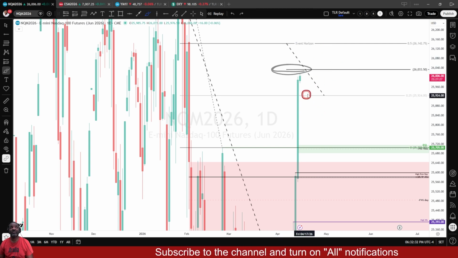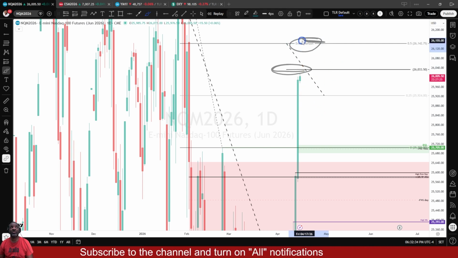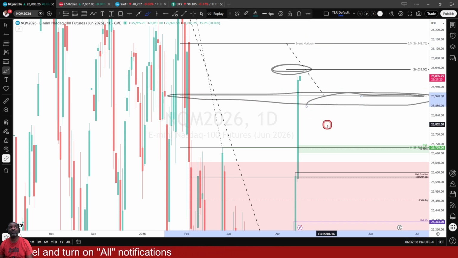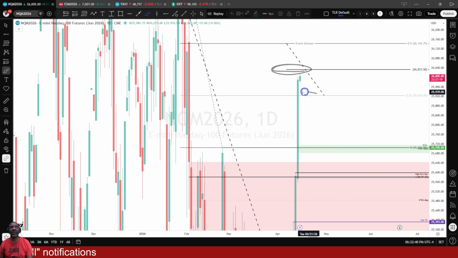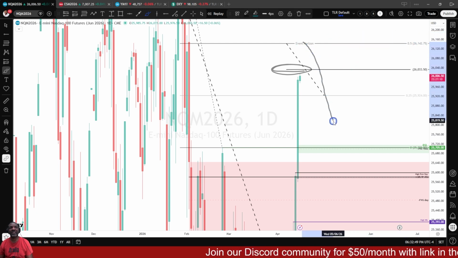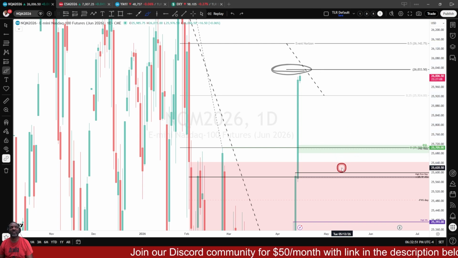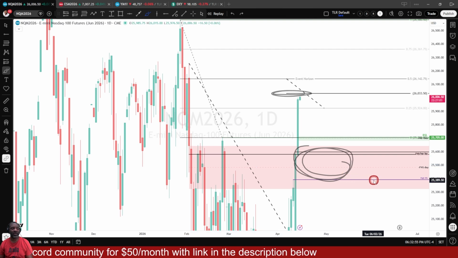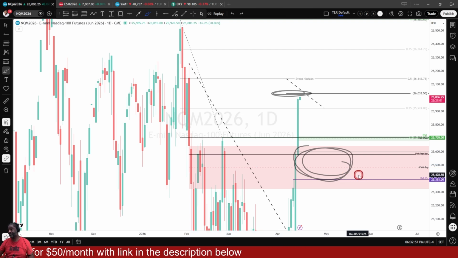But since we are anticipating it to draw into event horizon because we've had a strong closure above the lower quadrant, this is a very bullish signature, so you want to see it draw into that 26,142.75 before making any meaningful retracement back down into our anticipated areas of support. Let him cook! I said let him cook!